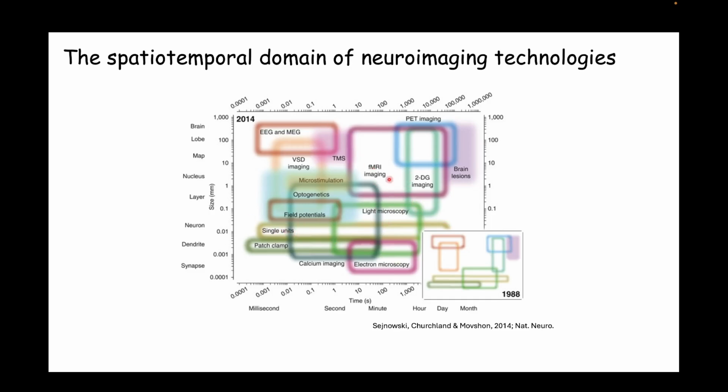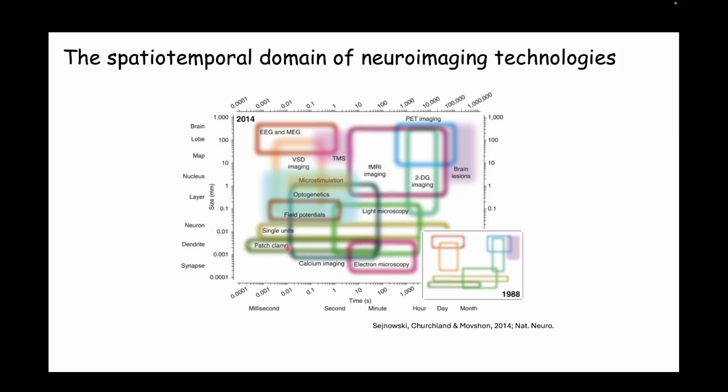Then these two methods are non-invasive. There are other invasive methods which involve single unit recording or microscopy, both in vivo and ex vivo, like outside the animal and inside the living animal. You can do both kinds of things.